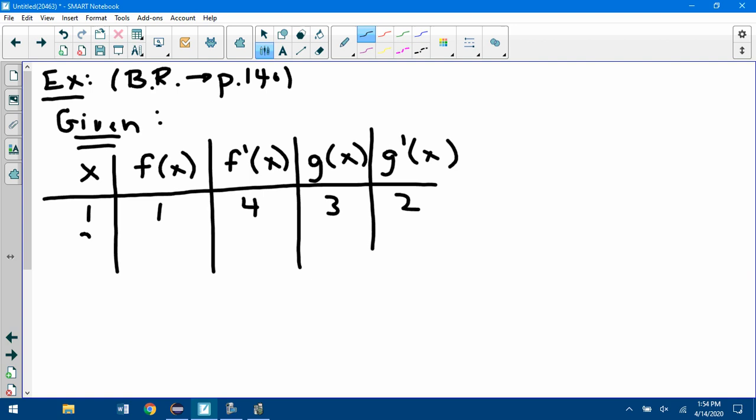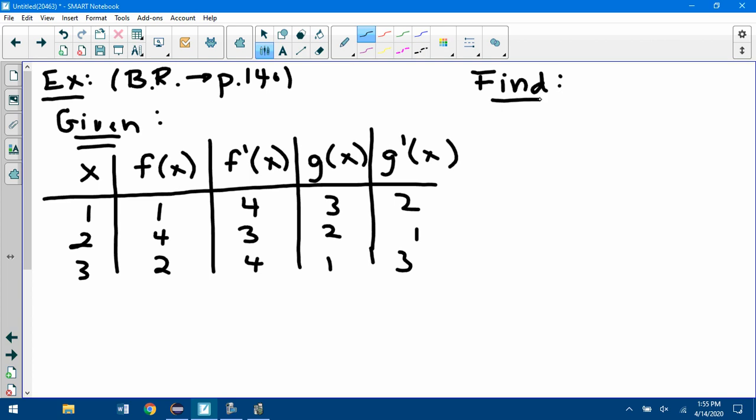The next row is 2, 4, 3, 2, 1. And the last one is 3, 2, 4, 1, 3. So there's just different values of all these functions for 3 values of x. And let's say I asked you to find the 2 of these.